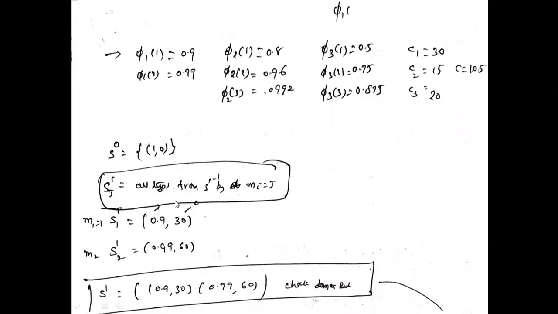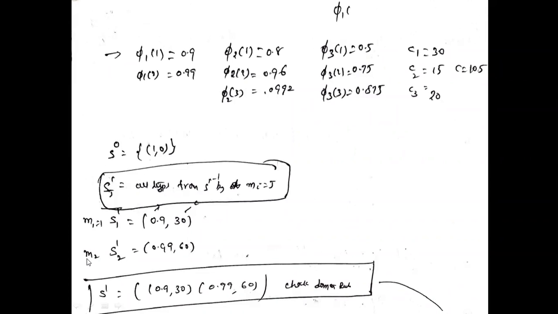So (0.9, 30). Next, S_2^1 means in the first stage we are using two devices. The reliability is 0.99 and the cost is 30 plus 30, that is 60.